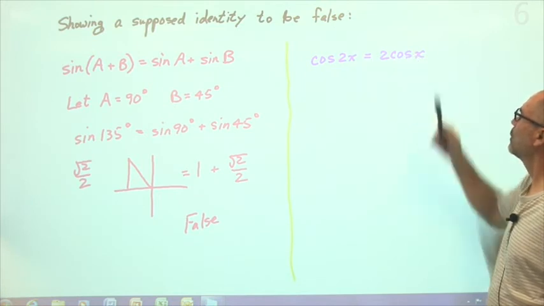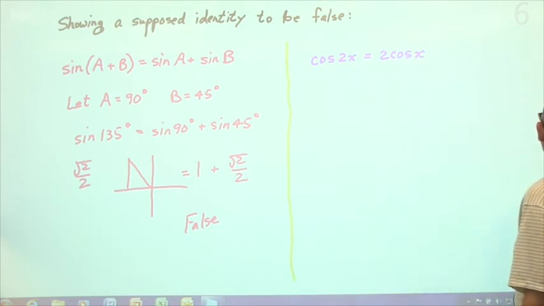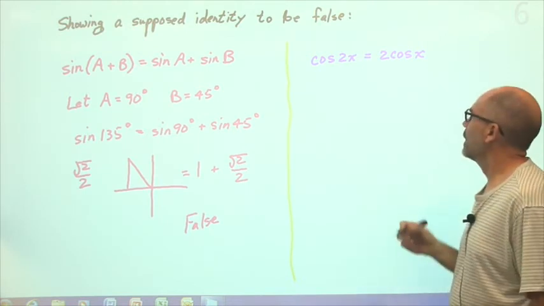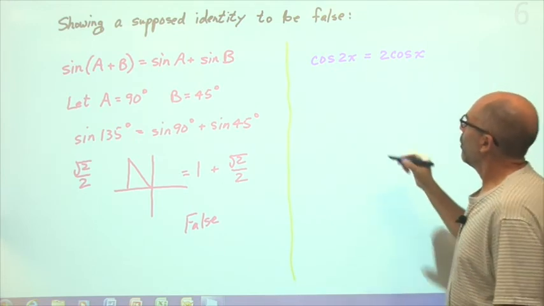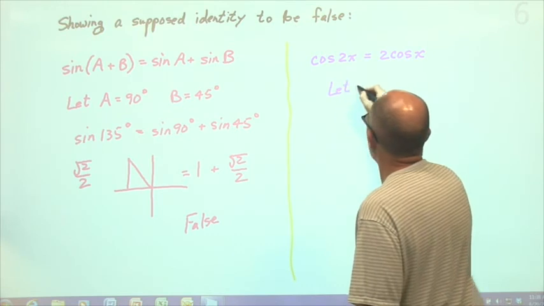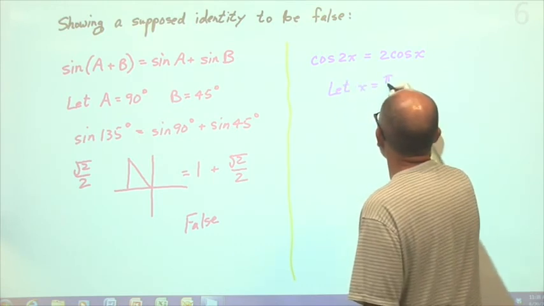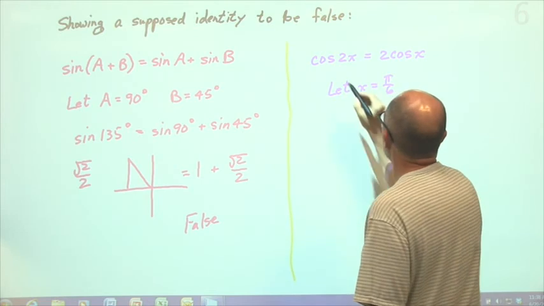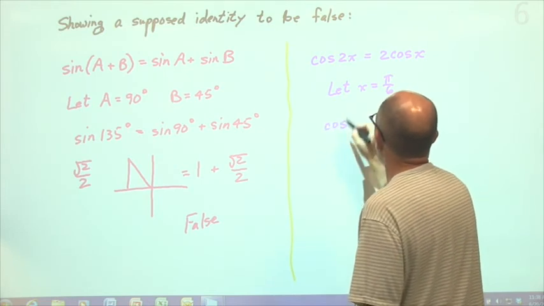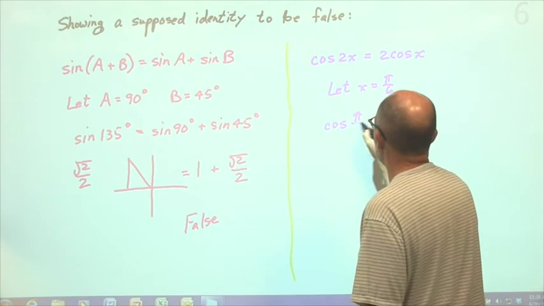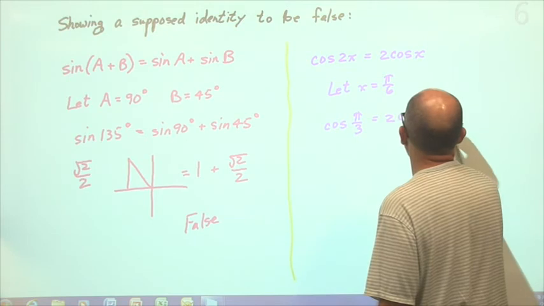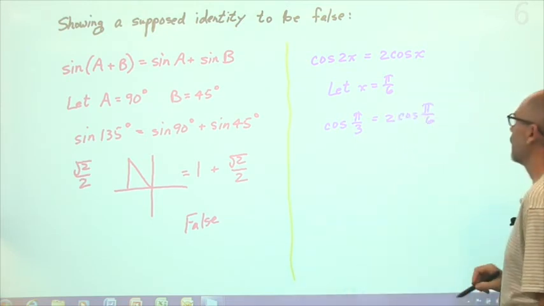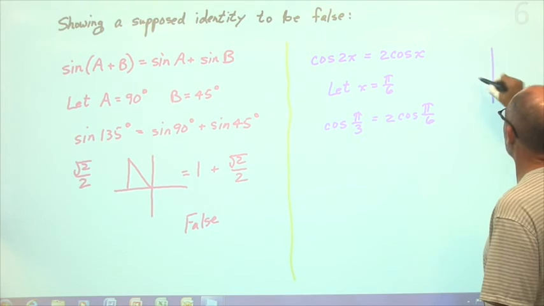Okay, let's try another one. Cosine 2x equals 2 cosine x. So, what should we let x equal so that we know both sides? Well, what if we let x equal pi over 6? So, cosine of 2 times pi over 6, which is pi over 3, equals 2 cosine pi over 6. Well, what's cosine pi over 3?